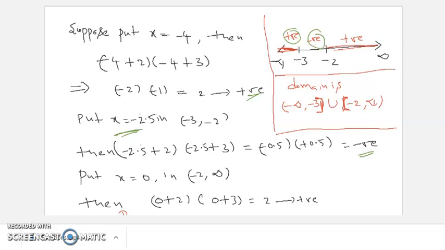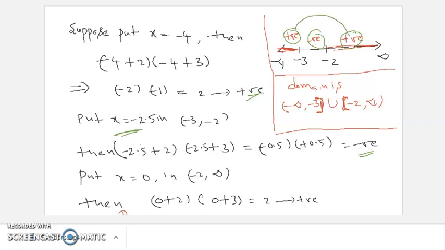And in the last interval, minus 2 to infinity, here we clearly take 0 or minus 1. 0 plus 2, 0 plus 3, that is equal to 6, that is positive. Here also positive. Therefore, the domain can be considered only positive values. Why?